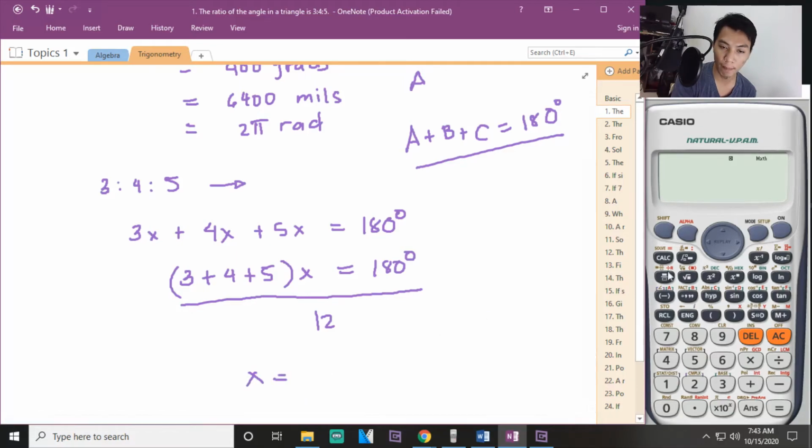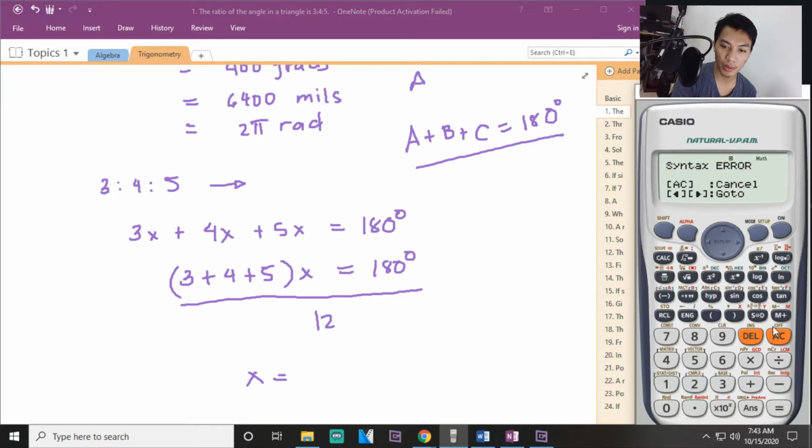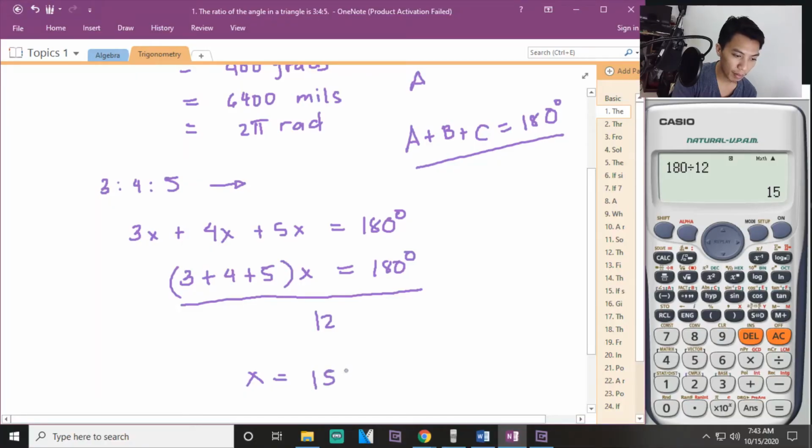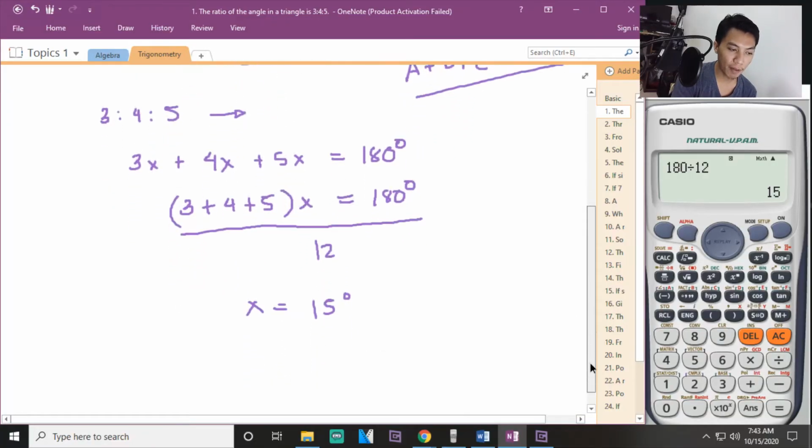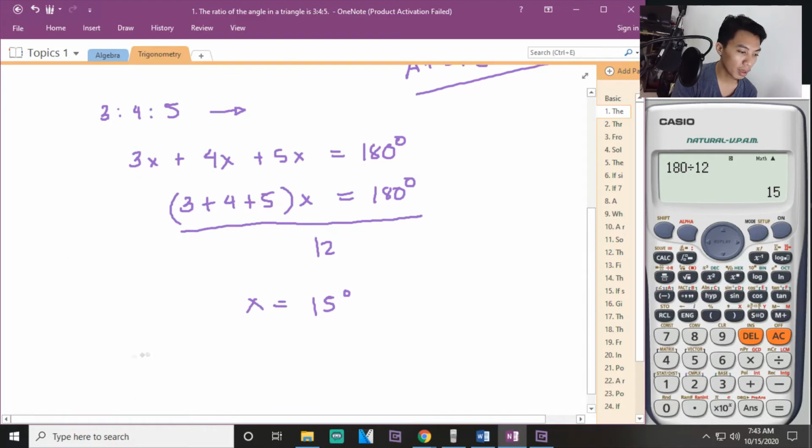Hindi pa yan yun, ha? So, 180 divided by 12. That is 15 degrees. So, x is 15 degrees. Now, as you can see, 5x, this is the largest angle.